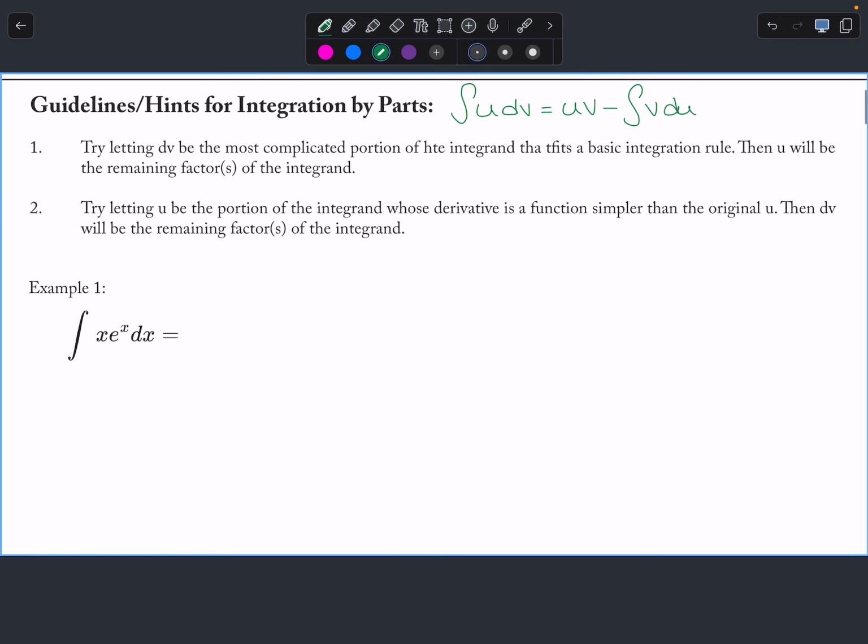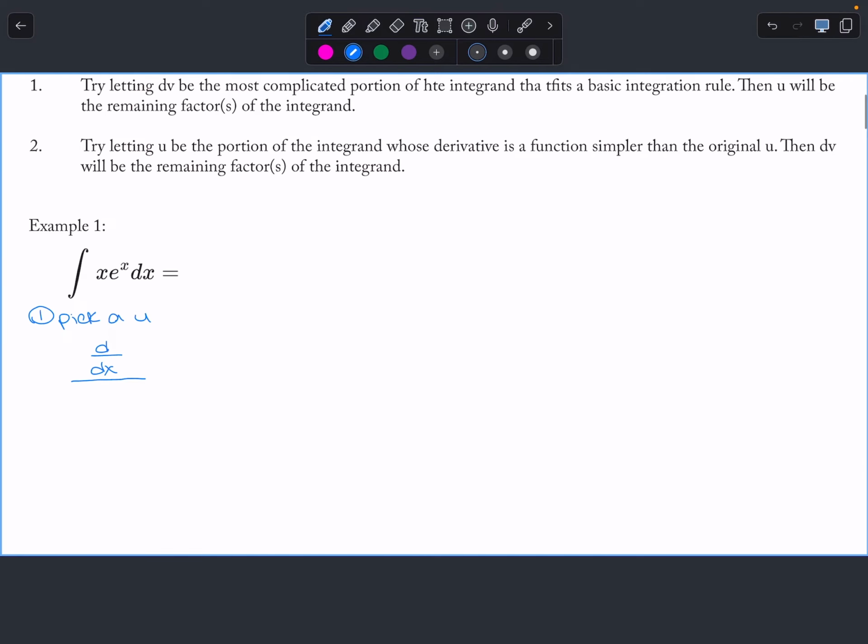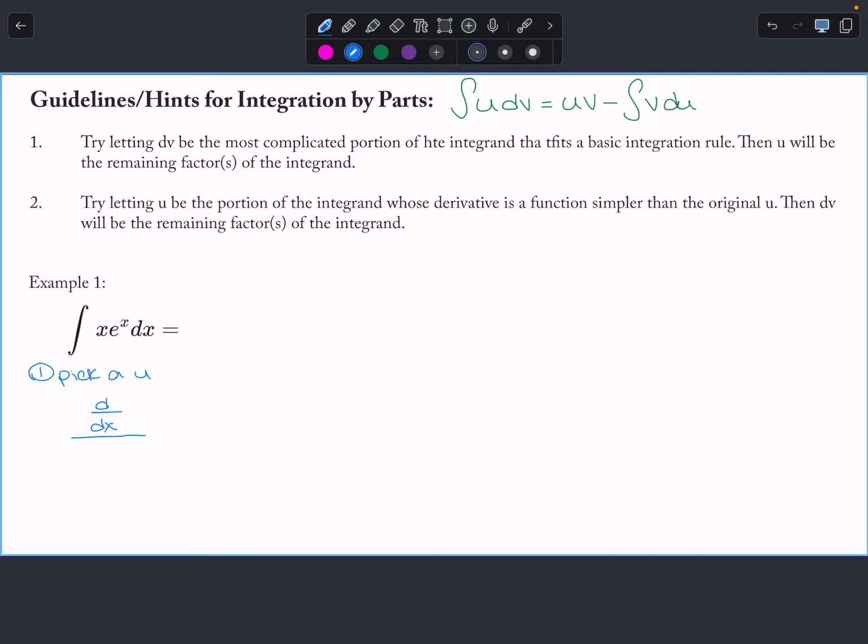So step 1 is to pick u, which we call our derivative side, our d/dx side. How I pick my u: I look at both parts that are being multiplied together, and I pick the u to be the one that, if I take the derivative of that term enough times, I eventually get to 0.